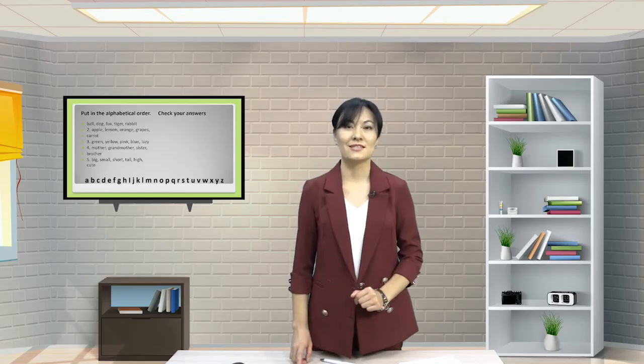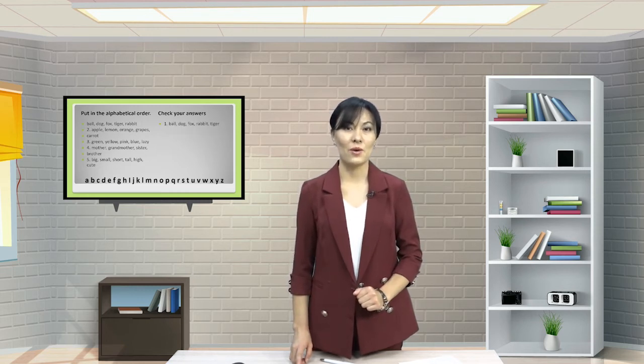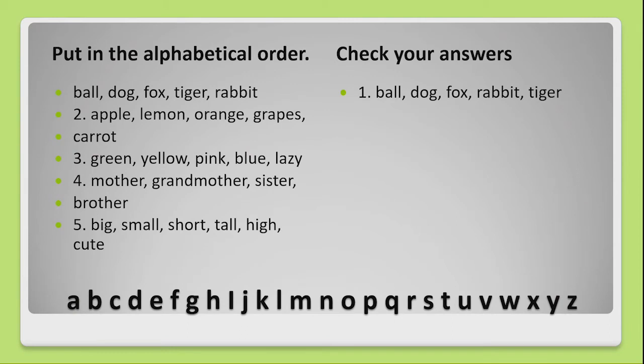Okay, children, now check your answers. Look, number 1. Ball, dog, fox, rabbit, tiger. Number 2. Apple, carrot, grapes, lemon, orange.